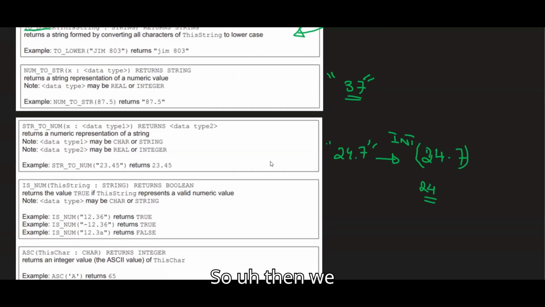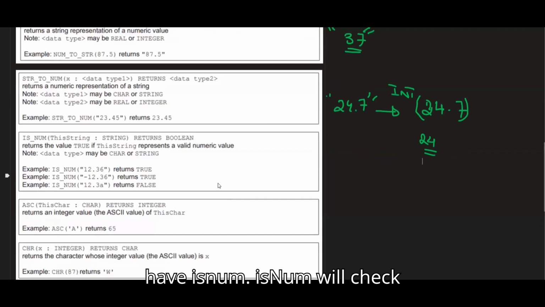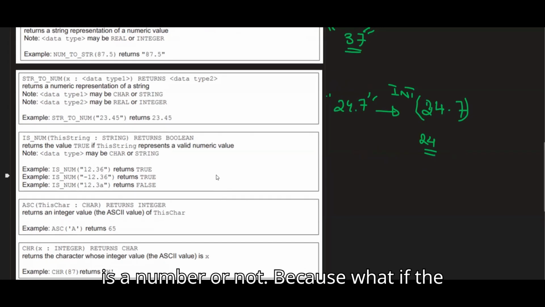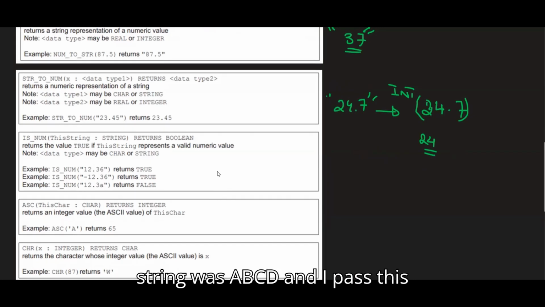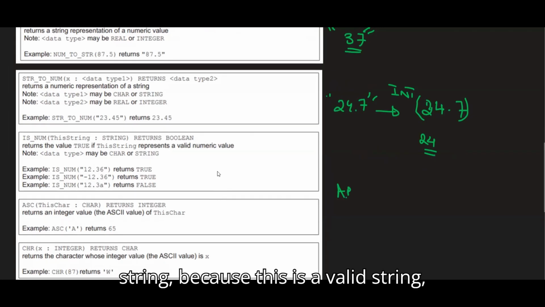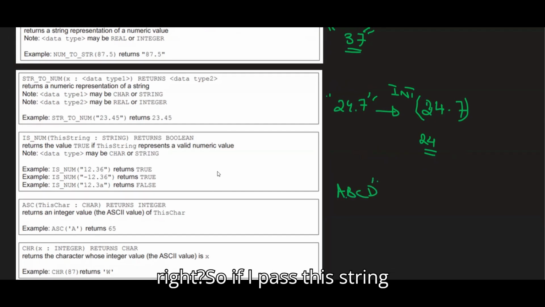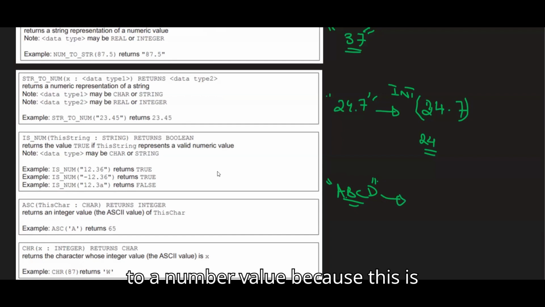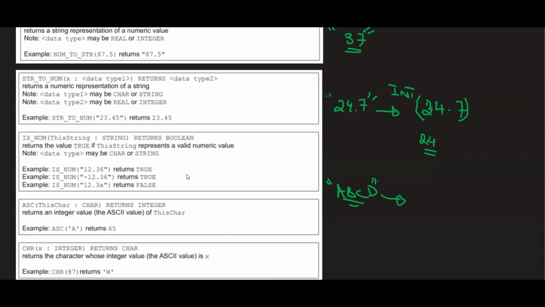Then we have IS_NUM. IS_NUM will check whether the string we want to convert is a number or not. Because what if the string was ABCD and I pass this string, because this is a valid string, right? If I pass this string ABCD through this function STRING_TO_NUM, it will not be converted to a number value because this is not a number.